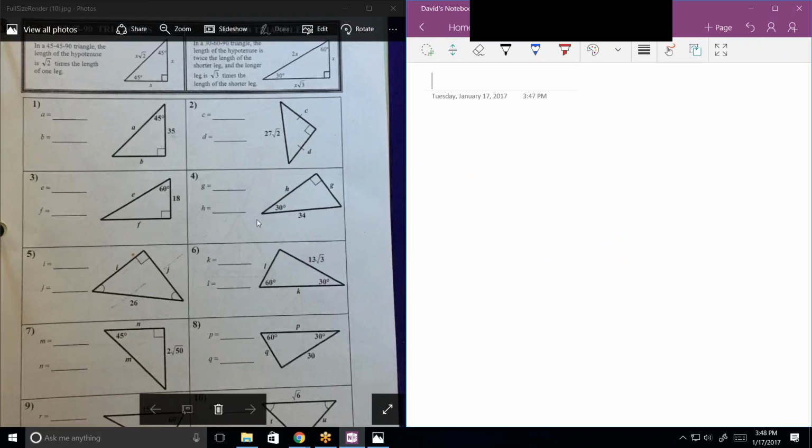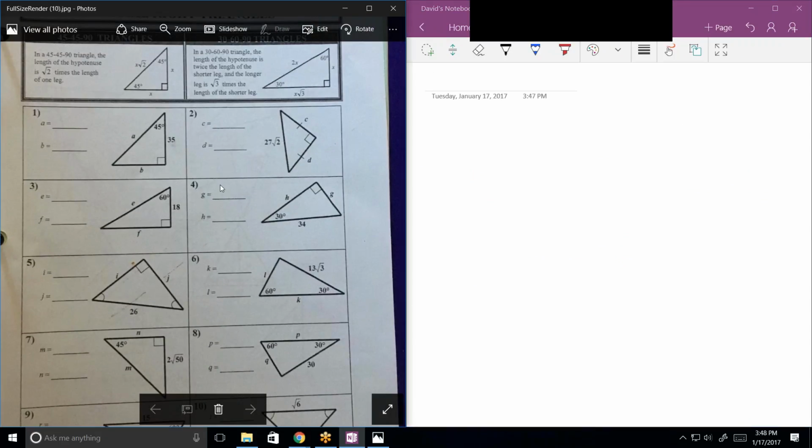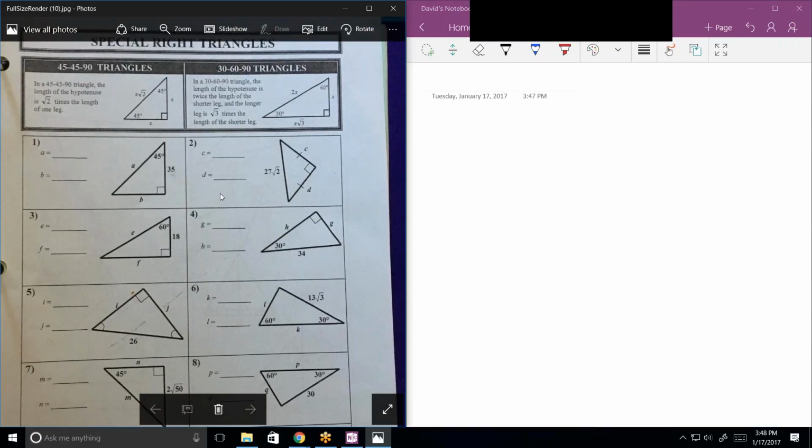All right. It looks like all of these are pretty much what we've been doing. Now, there are two very special right triangles. These are the two at the top here. One is a 45-45-90, and the other is a 30-60-90.